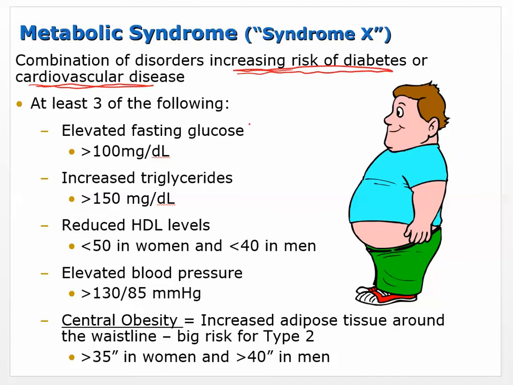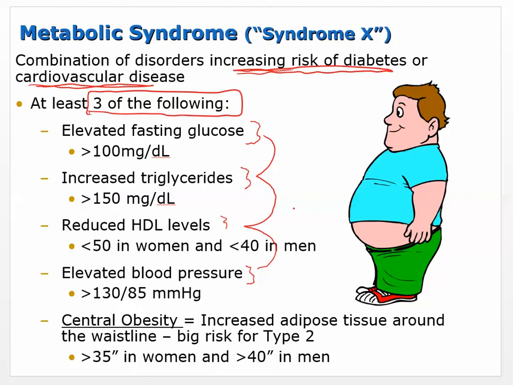Elevated fasting glucose: somebody comes in with high fasting glucose on a regular basis, high triglycerides, low good cholesterol, low HDL or high LDL, elevated blood pressure. We can't say elevated blood pressure alone means you're going to get diabetes, but at least 3 of these together can tell you pretty solidly that you have an increased risk of diabetes and an increased risk of cardiovascular disease.